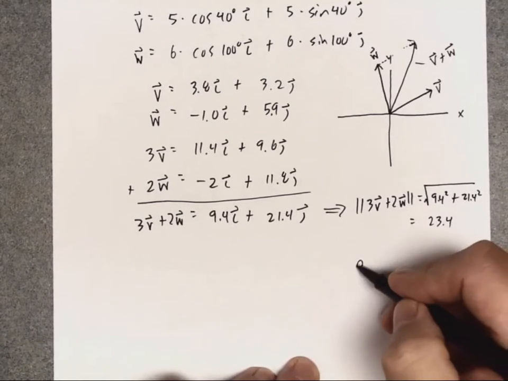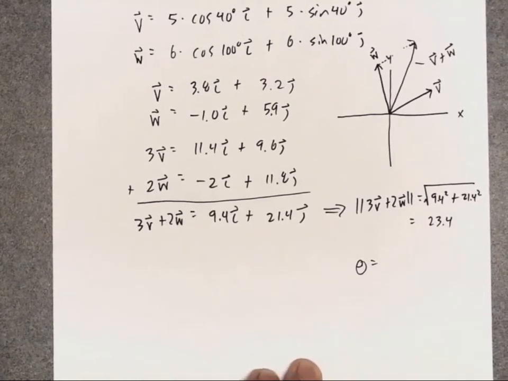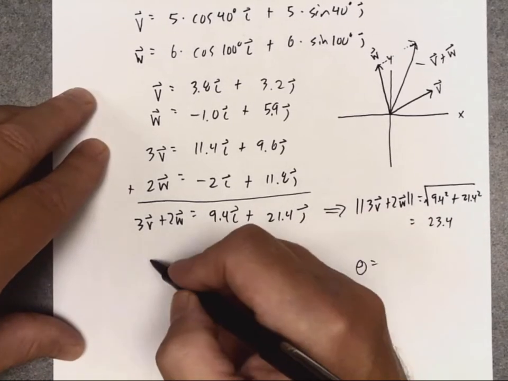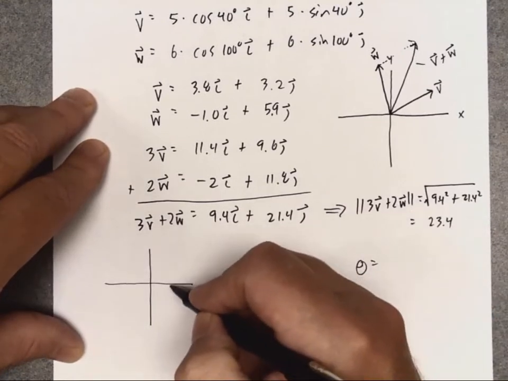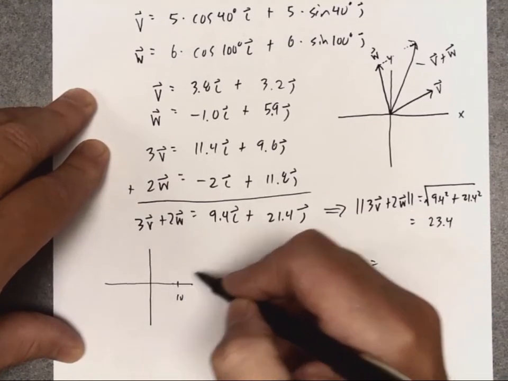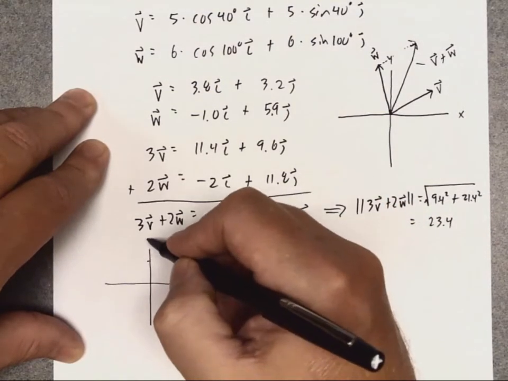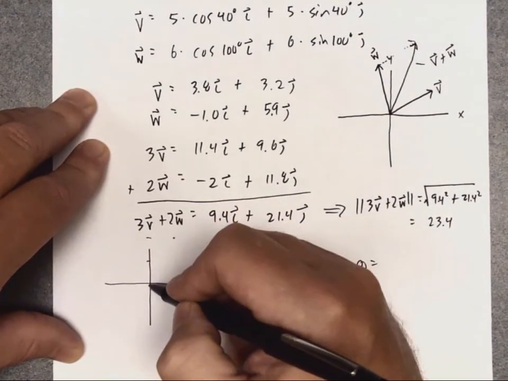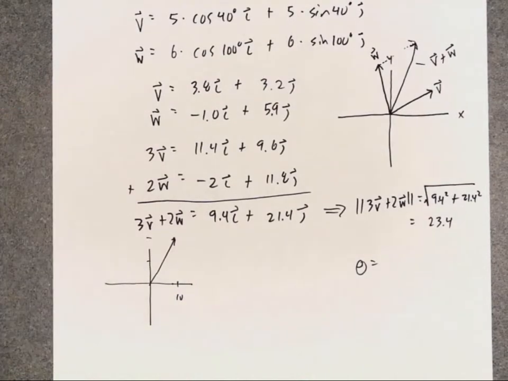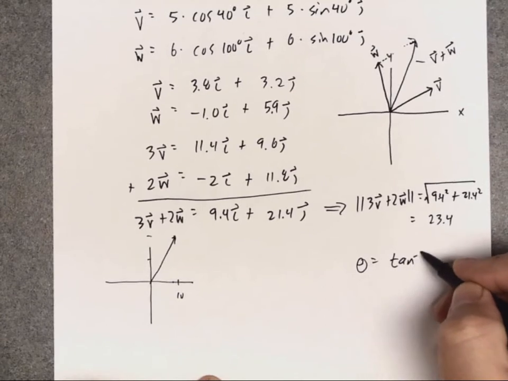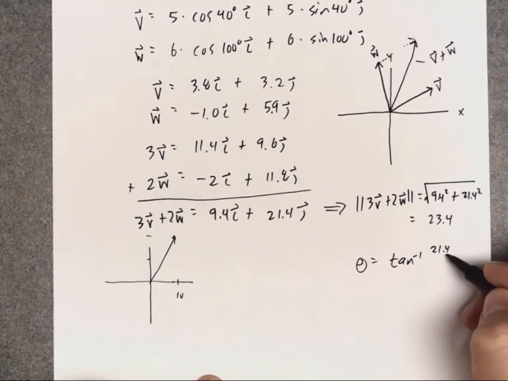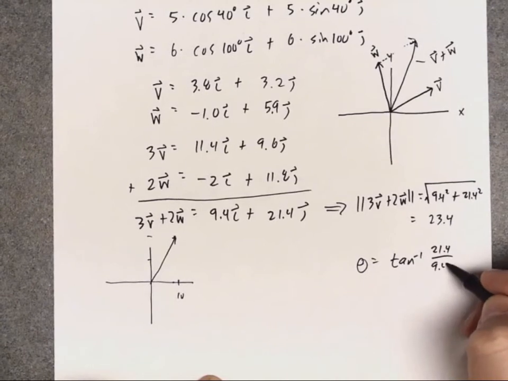And then the angle, now if we think about this vector, maybe we'll call this 10, so 9, and then 10, 20. Looks about like that, just to see if that makes sense. So you take the inverse tangent of the y part over the x part.